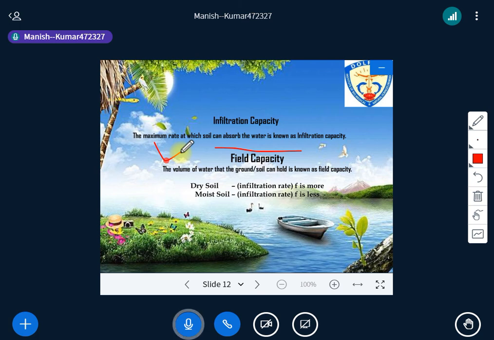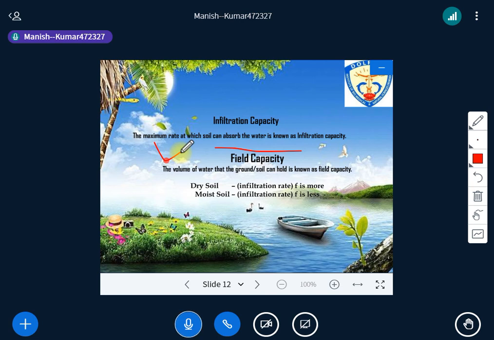So the soil has to absorb the water with full strength within a minimum time frame. That's why it is the maximum rate. It means how much time is required for the soil to absorb a certain amount of water.